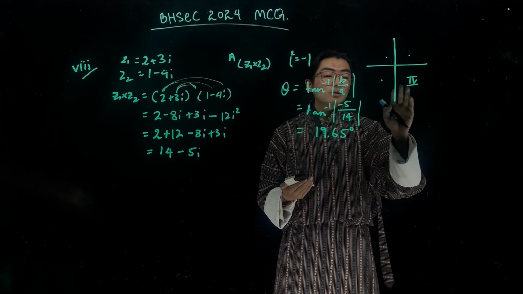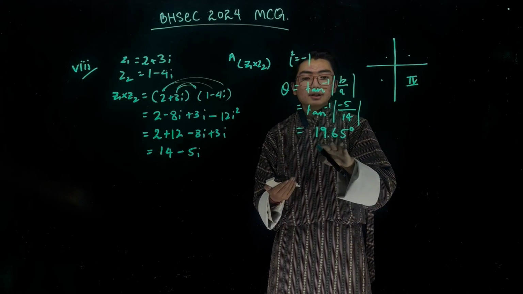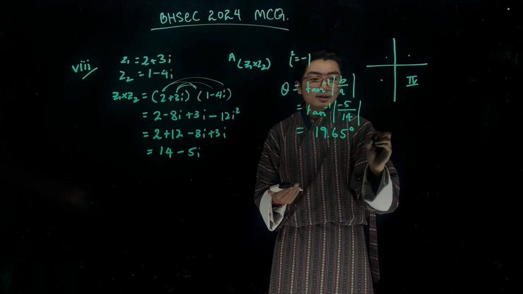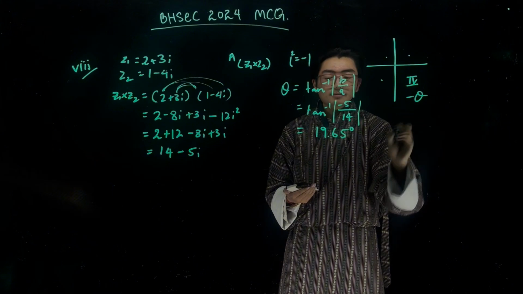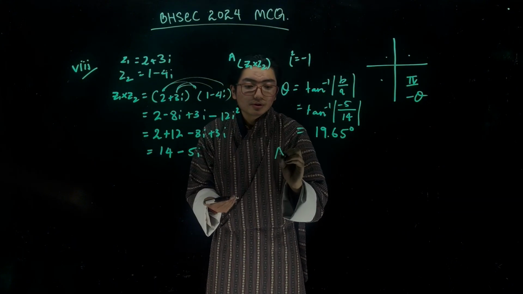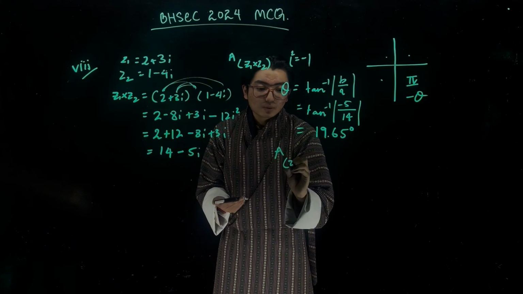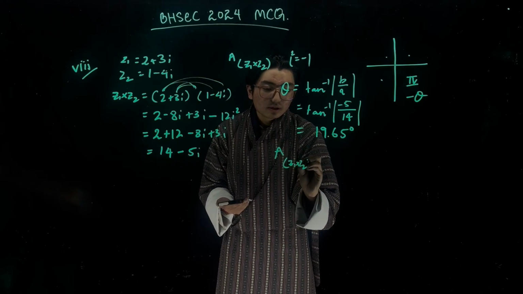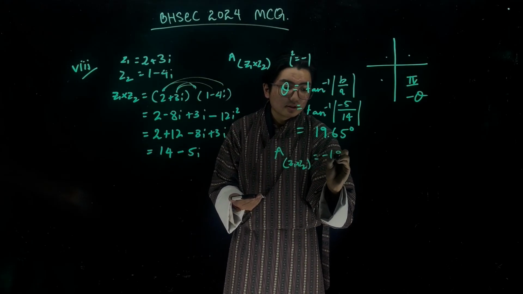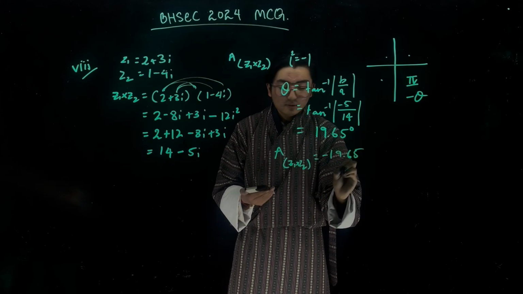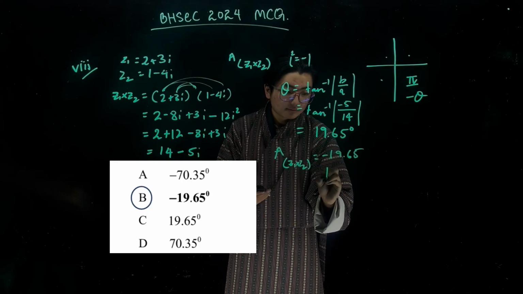And in the fourth quadrant, the final theta or the amplitude is basically negative theta. So the amplitude of z1 times z2 is negative 19.65, which is your option B.